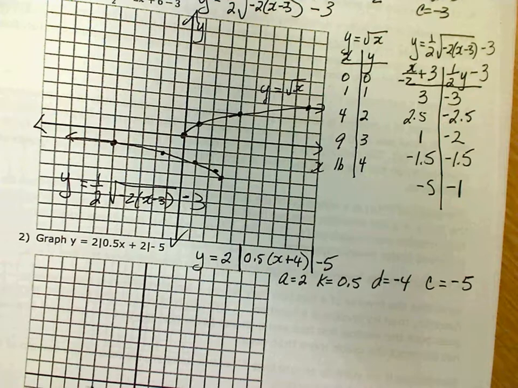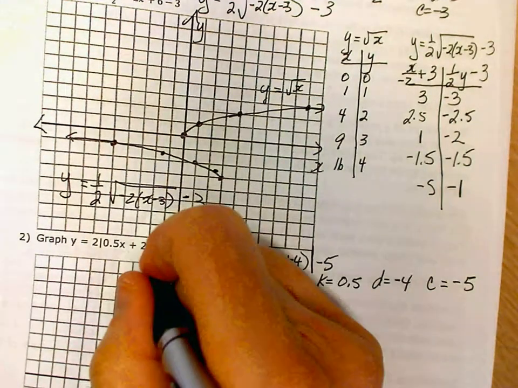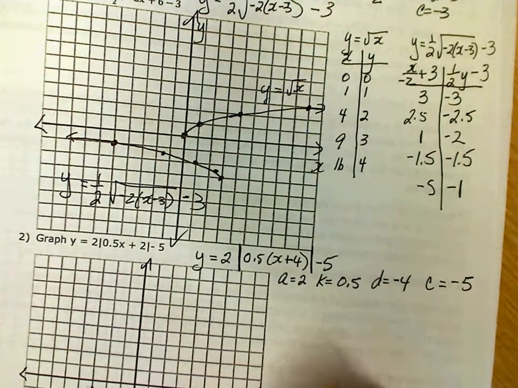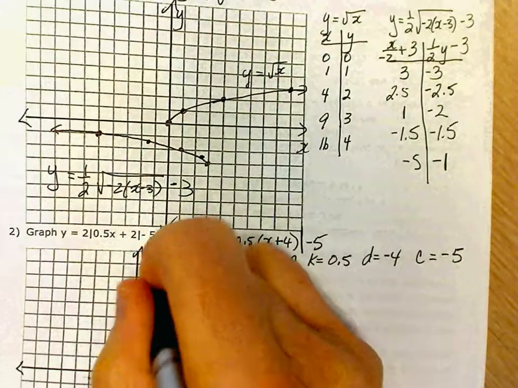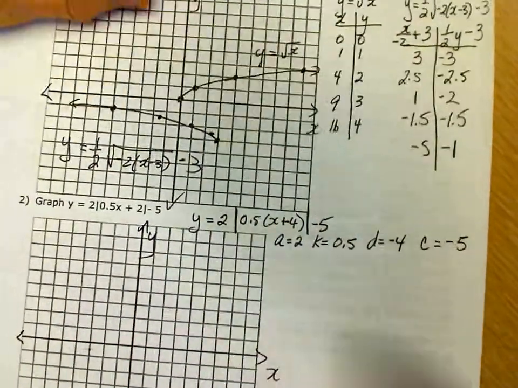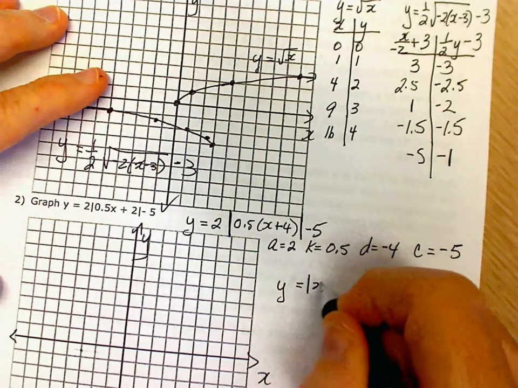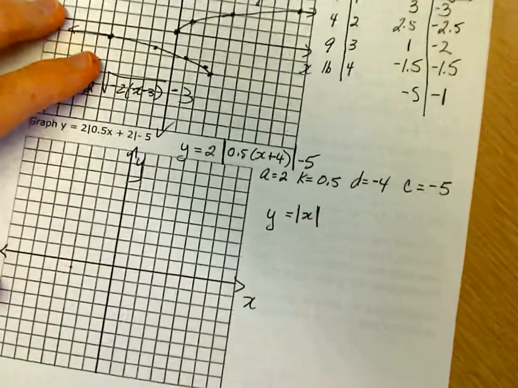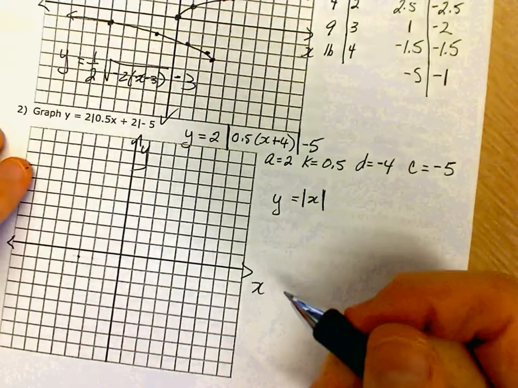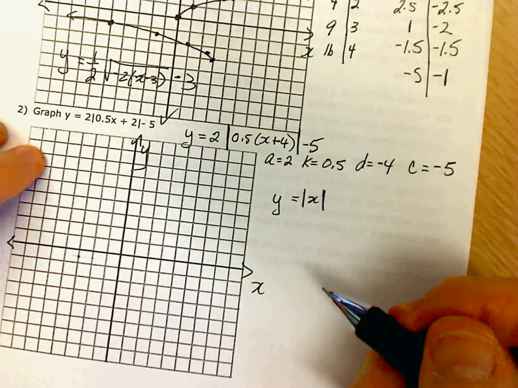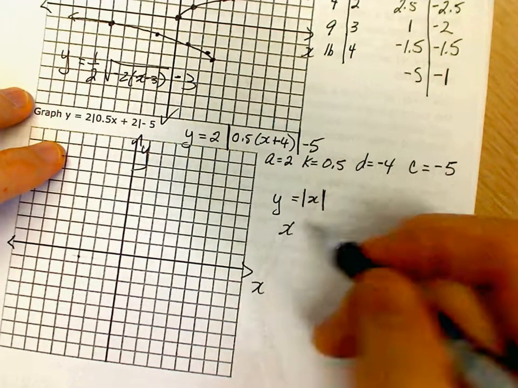Okay, so our parent function, this is x, this is y. Our parent function is y equals absolute value of x. And this is a nice one to draw because it has two lines.